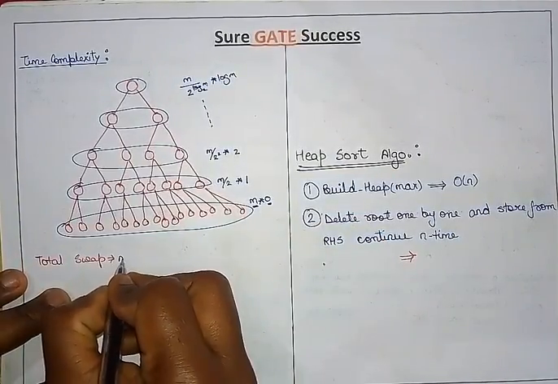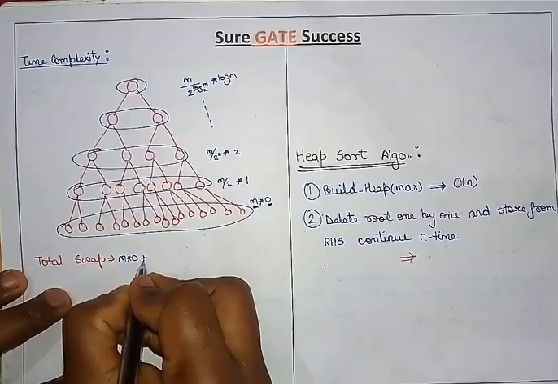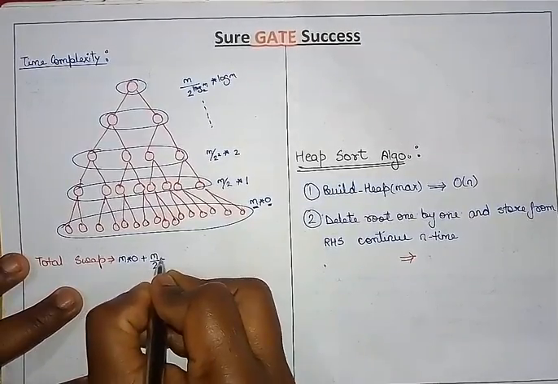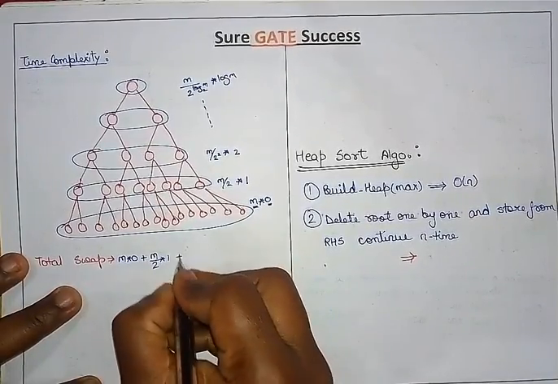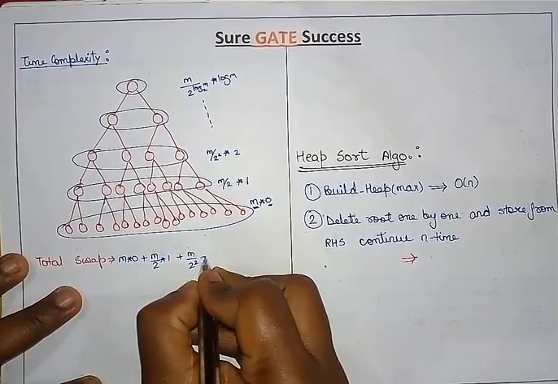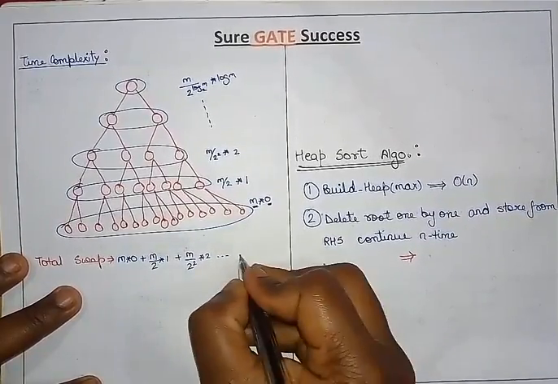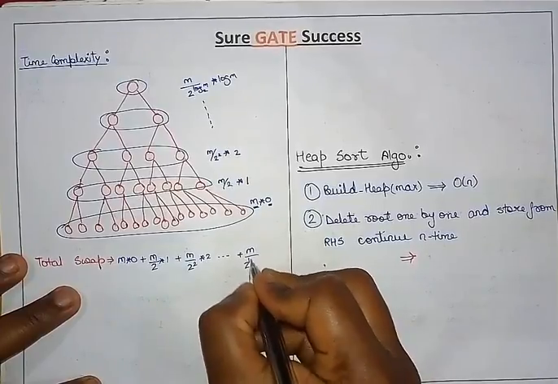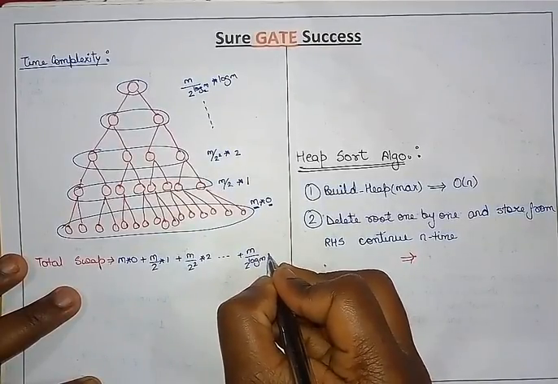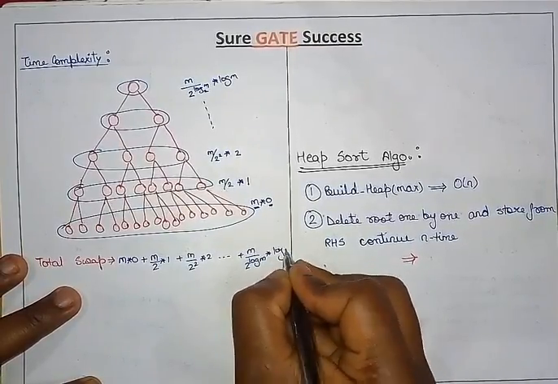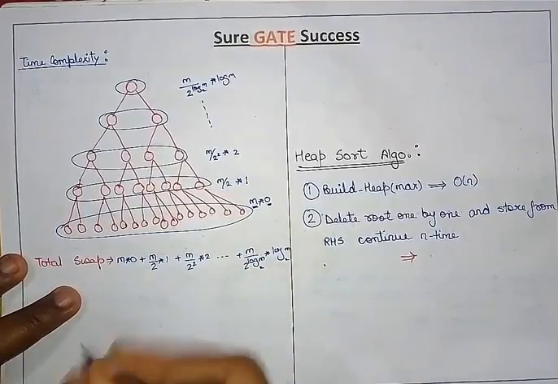Let's write down from here. It will be nothing but m into 0 plus m by 2 into 1 plus m by 2 square into 2, and similarly up to m by 2 to the power log m into log m with base 2.